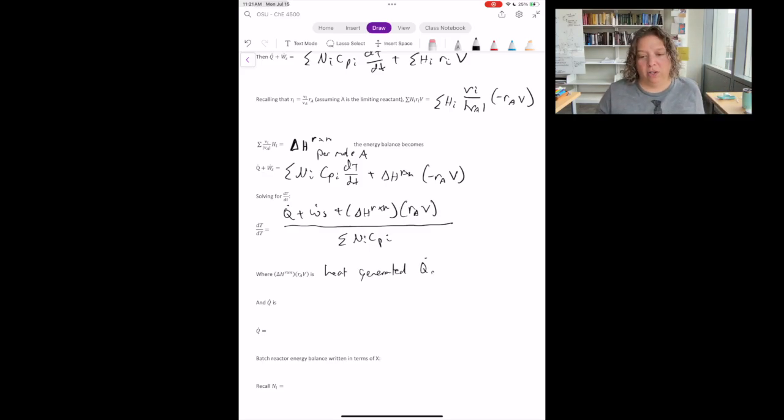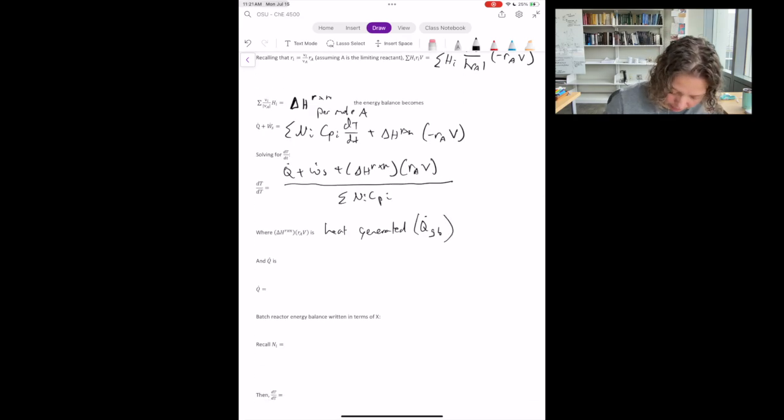QGB, so heat generated in the batch reactor. Q is the heat removed. Probably it's removed, maybe it's being added. We're going to call that QRB, heat removed in the batch reactor. And this is going to be equal to this UA delta T term.